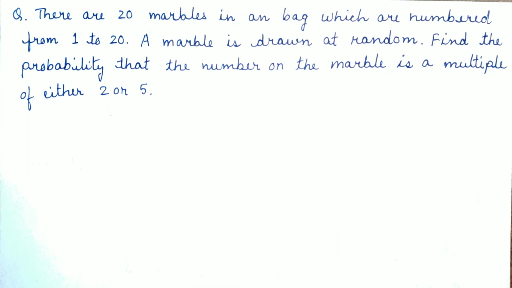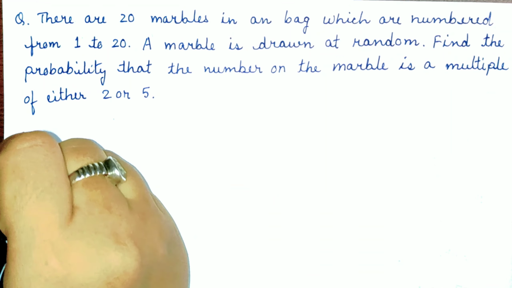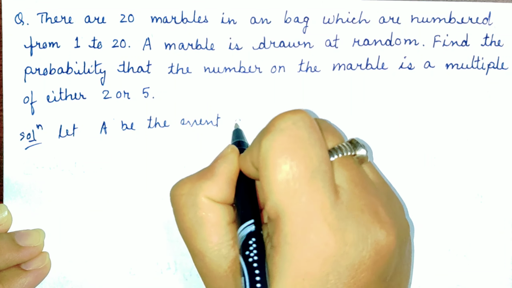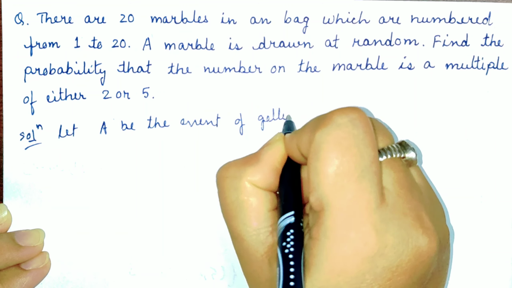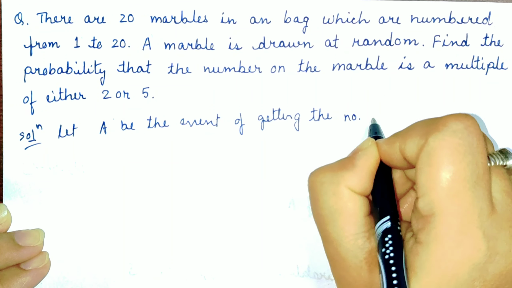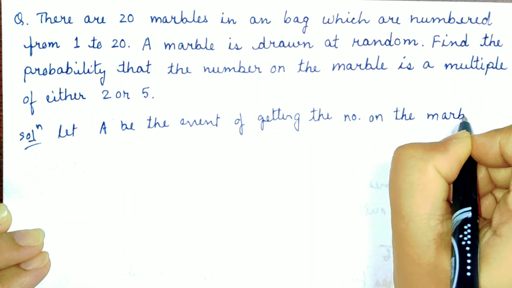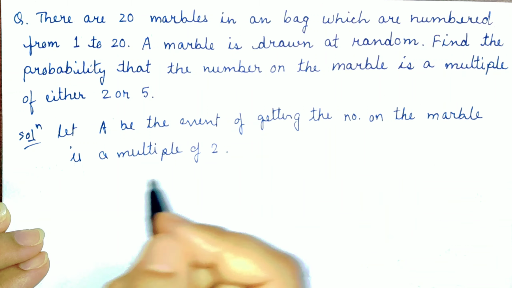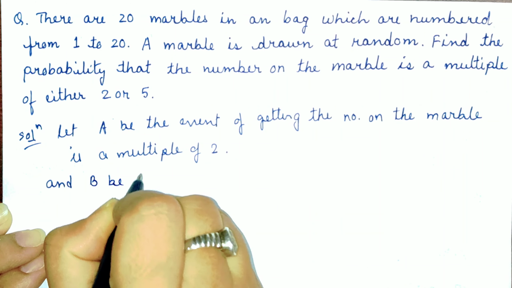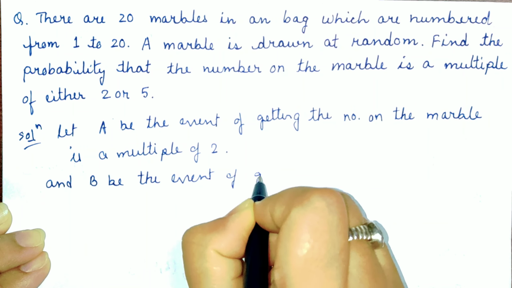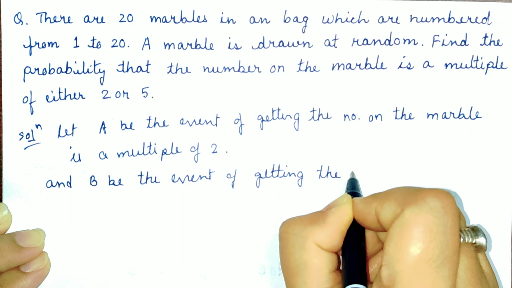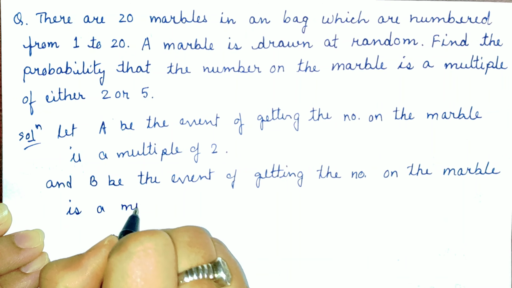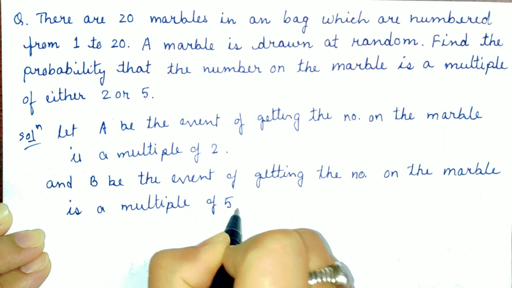Here we have to find out multiple of 2 or 5. First of all, we assume that A be the event of getting the number on the marble is a multiple of 2 and B be the event of getting the number on the marble is a multiple of 5.